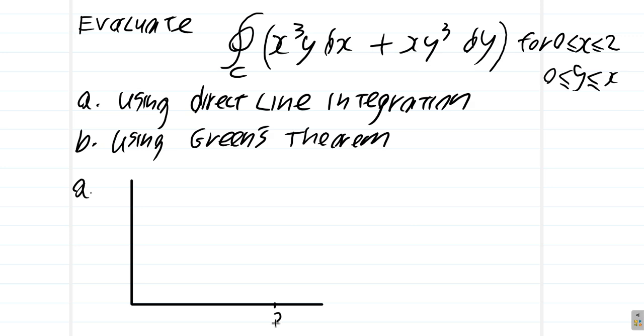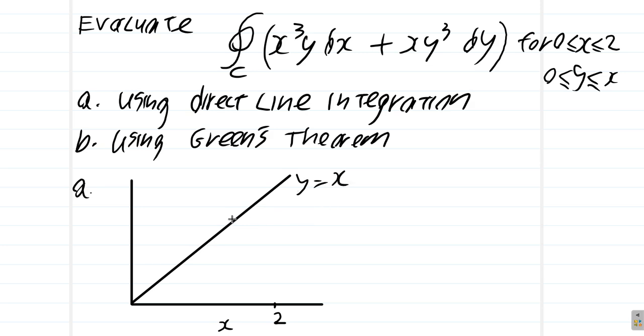So we have a point here which we call 2. So along x is from 0 to 2. And then y is from 0 to x. That means at a certain point y is equal to x. So we're going to have the line y equals x.